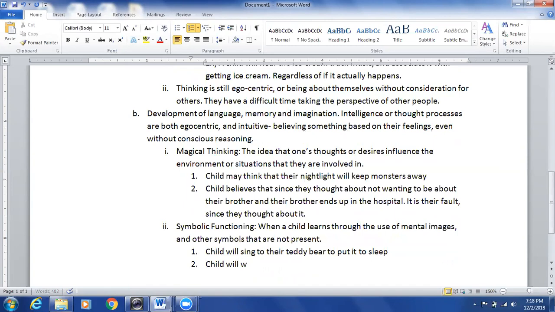Another thing is the child will play doctor to a doll that fell off the bed. That is based on every time they have an injury, they go to a doctor. So they feel that even though the doll is an inanimate object, it'll be able to help. It's very loosely associated, but that is the way that they learn, based on what they know.